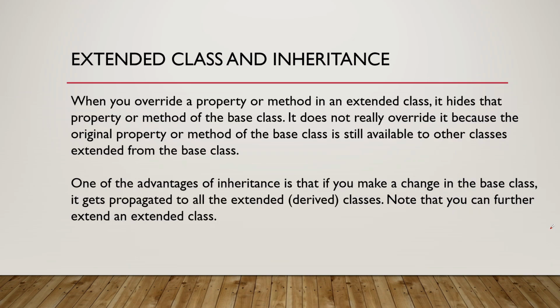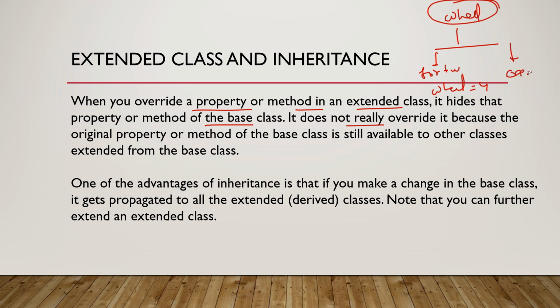Okay, now let's see some other points of extended classes and inheritance. So see, whenever you are overriding a property or method in an extended class, it hides the property or method of the base class. It doesn't really override. So what I mean, suppose you have one property wheel in your base class, or parent class. Now in Fortuner you are writing wheel is equal to 4, and in Creta car you are writing wheel is equal to, let's say, 3.